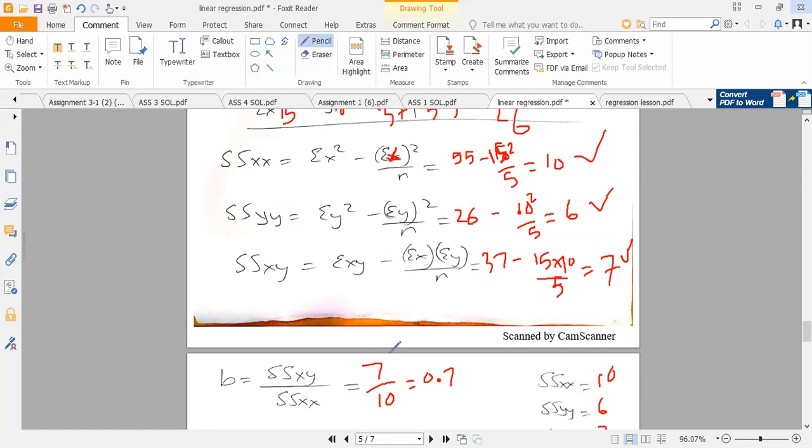So this is 7 over 10, since we found Sxx and Sxy. Sxy is 7 here, Sxx is 10. So when you divide 7 by 10, we get 0.7. Is that clear? So we're just using the answers that we have here.